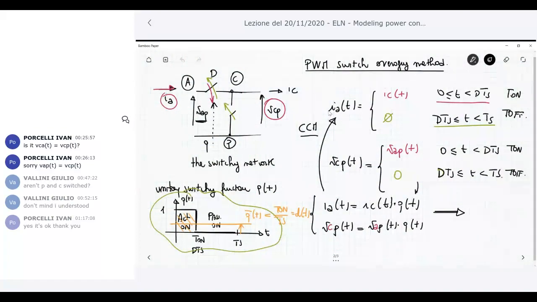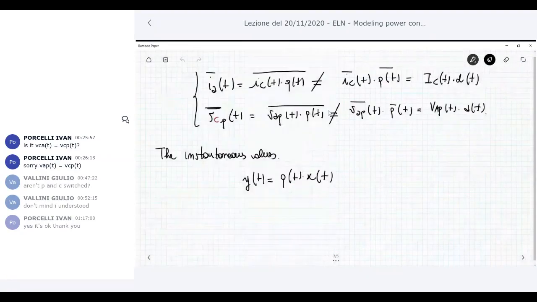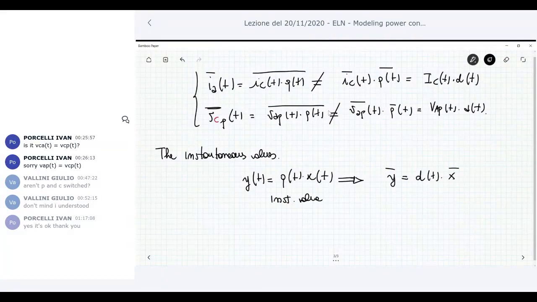So we have a variable, another variable that multiplies a unitary switching function. Okay, so this is the general expression when the two variables are called y and x. So we can have that this is the instantaneous value. We can move to the average value, exactly in this way, which is our goal, only if the following condition happens.